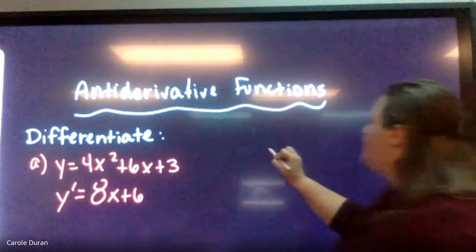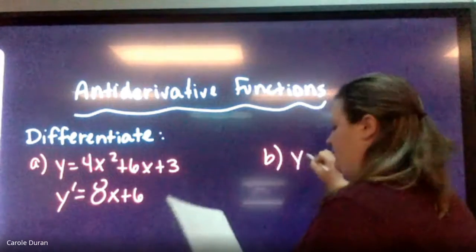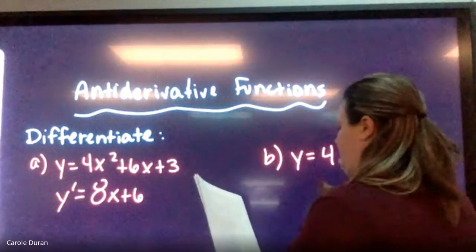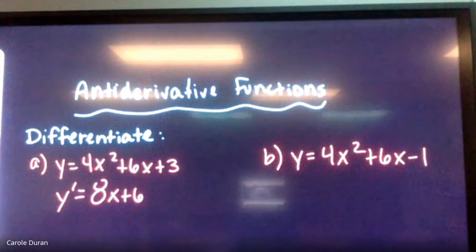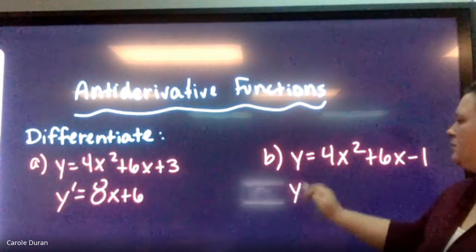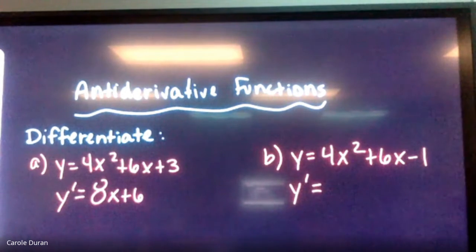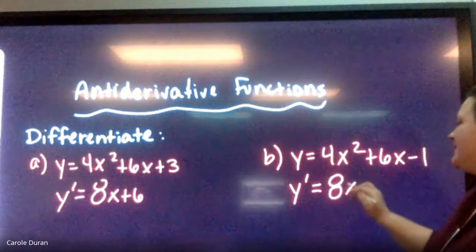So then what if I gave you a different function and asked you to take the derivative of that function? What's the derivative going to be, Lauren? 8x plus 6.